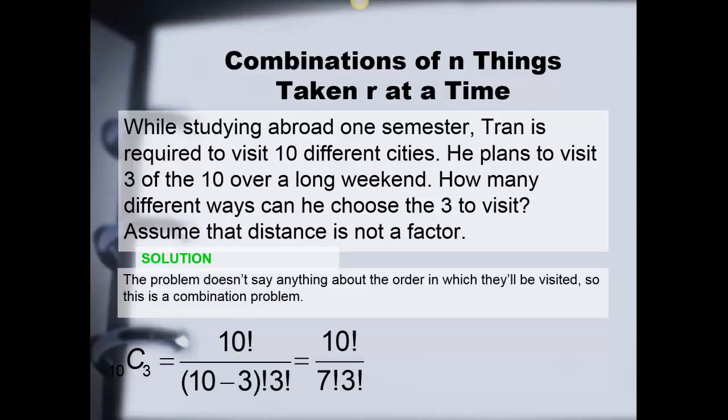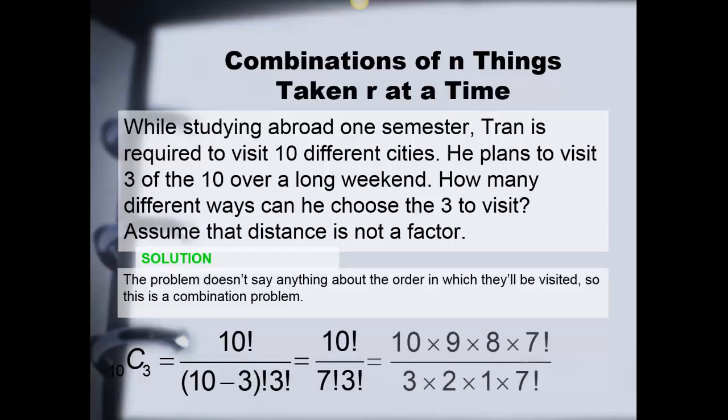So we have 10 factorial over 7 factorial times 3 factorial, and you see the work there. So how many different ways can he choose the 3 to visit? We have 120 different ways.